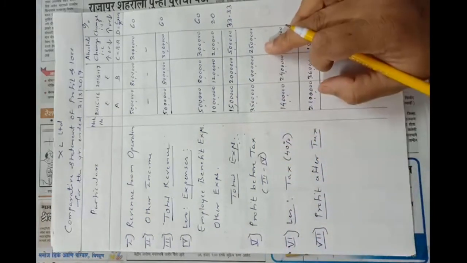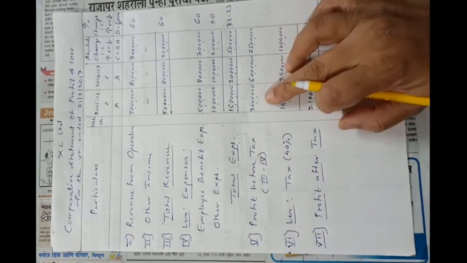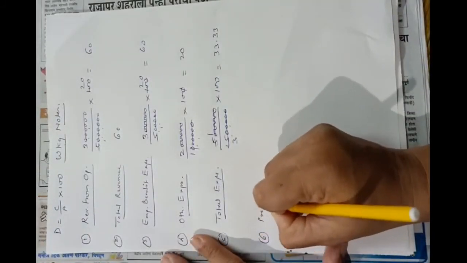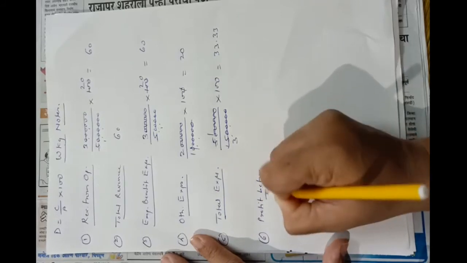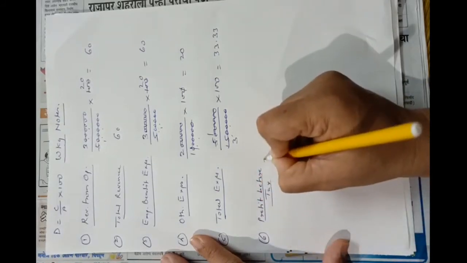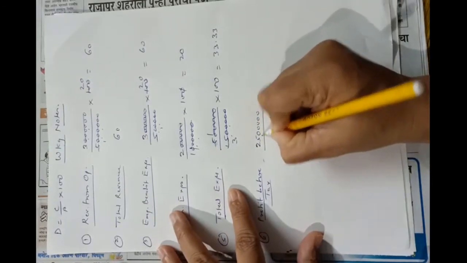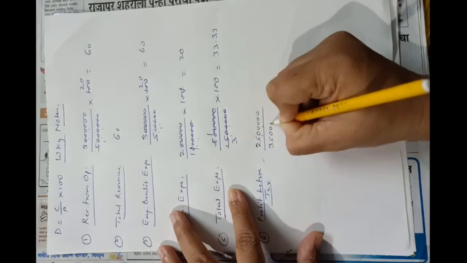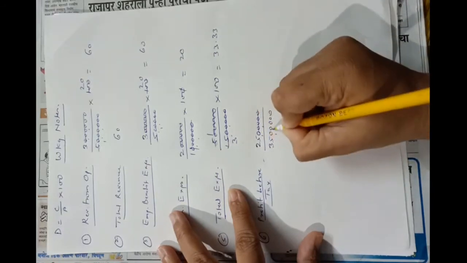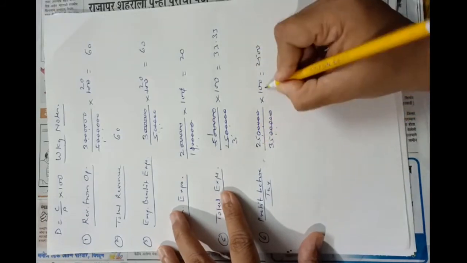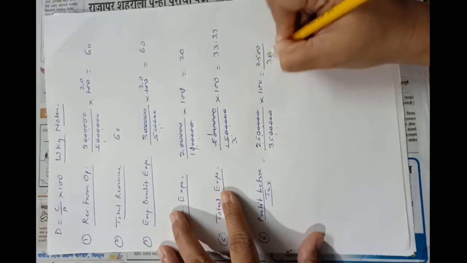Now profit before tax, 25 lakhs divided by 35 lakhs, 25 into 100, 2500 divided by 35.